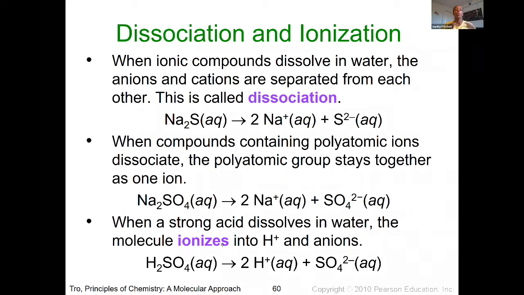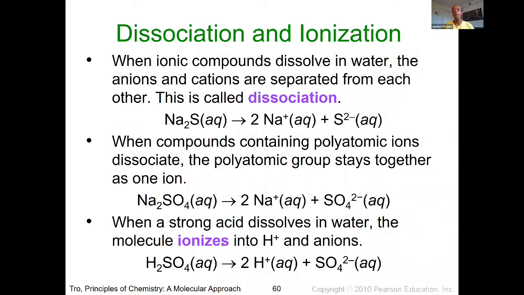So when we're looking at ionic compounds in this dissociation process, what we see is in this sodium sulfate. So when we think about dissociation and ionization, this is going to be applied to ionic compounds as well as things like the molecular acids, particularly the strong molecular acids or strong electrolyte type solutions.